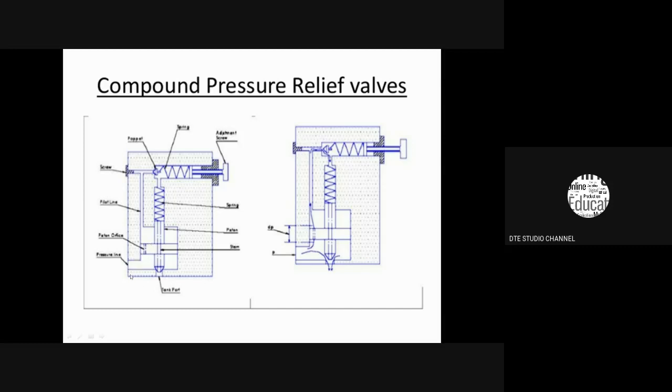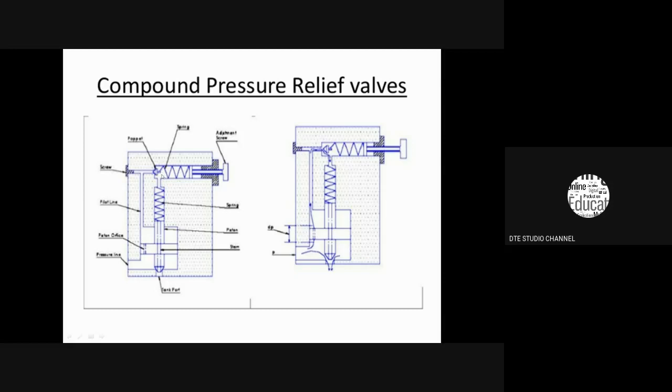But suppose the pressure of the fluid passing to the actuator is increased. Then through the orifice, fluid enters the pilot line, and the pressure in the pilot line becomes greater than the spring force, and automatically the poppet is opened.